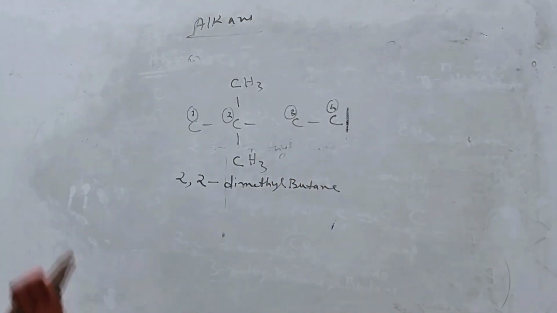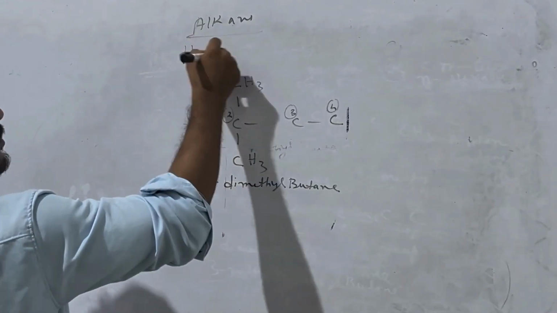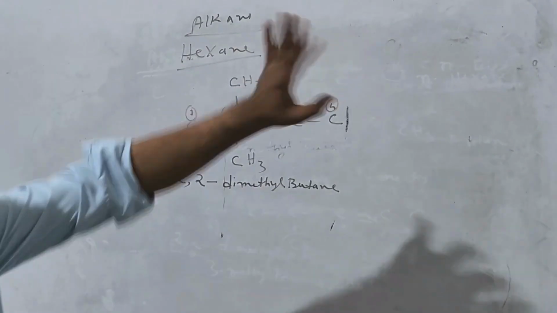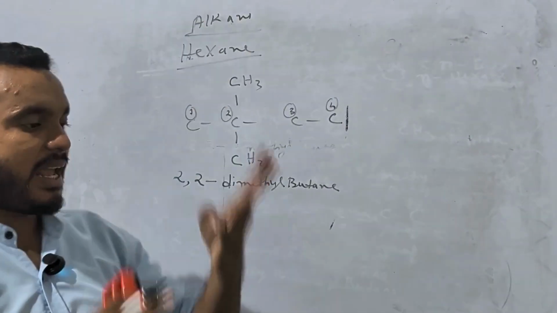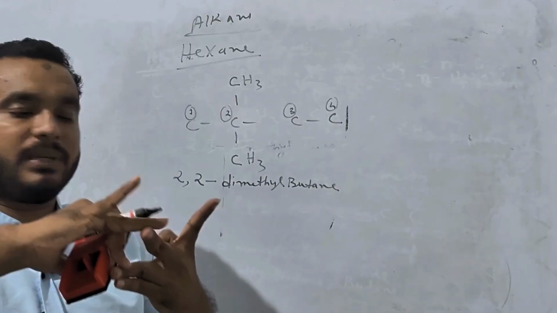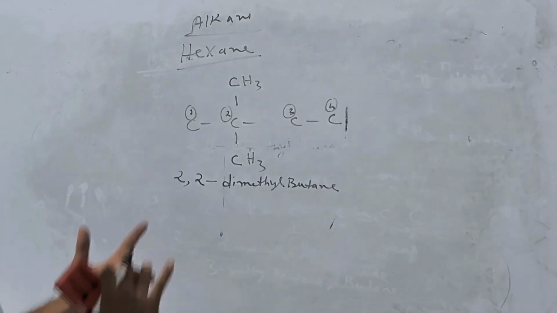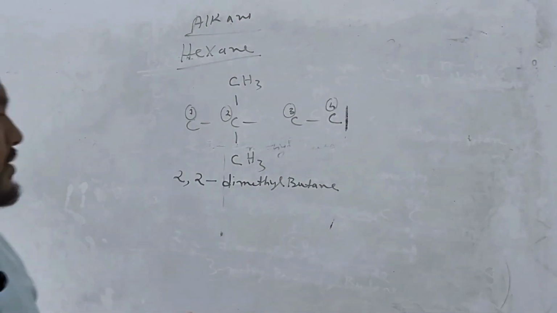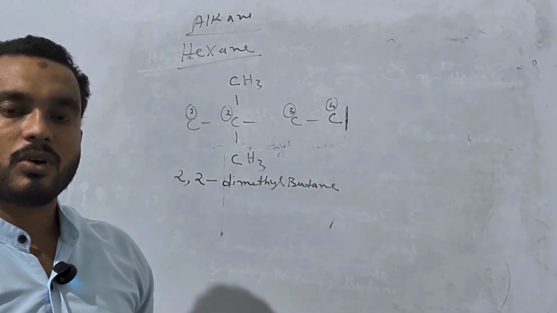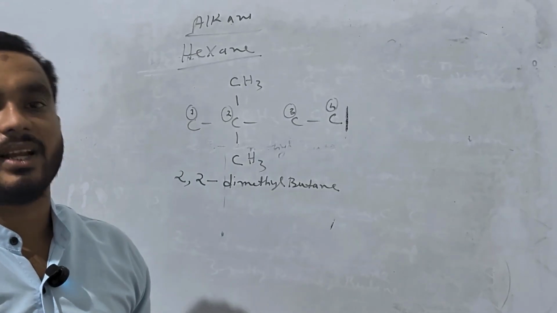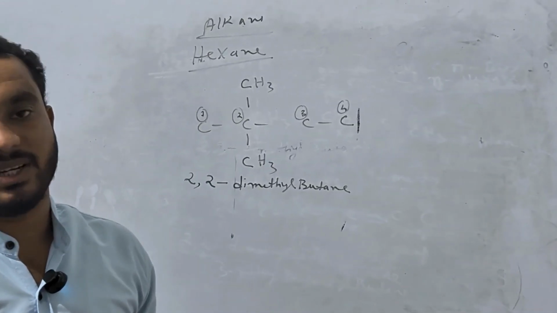That means from hexane we can draw the 5 structural isomers. Number first, what I have drawn, n-hexane. Next will be 2-methylpentane, 3-methylpentane. Again 2,2-dimethylbutane. And again 2,3-dimethylbutane.